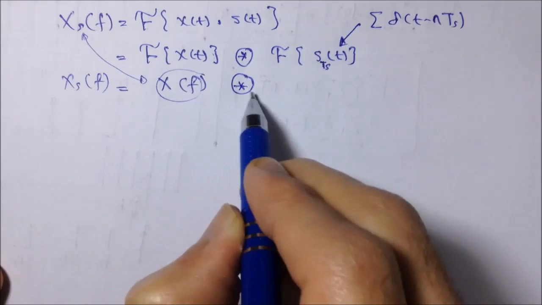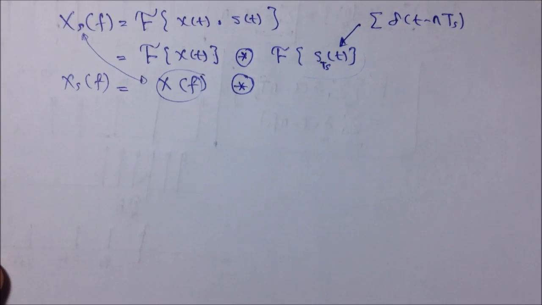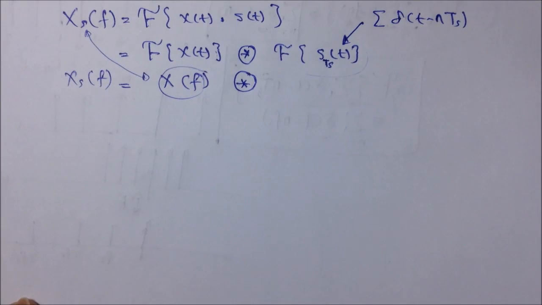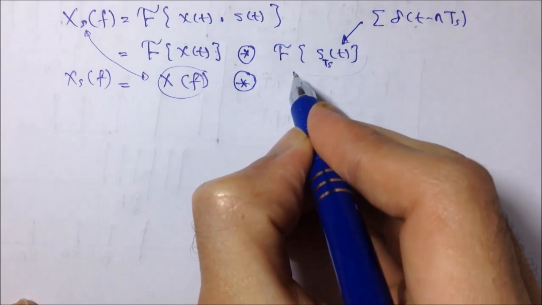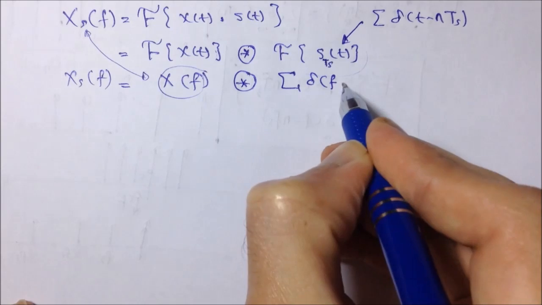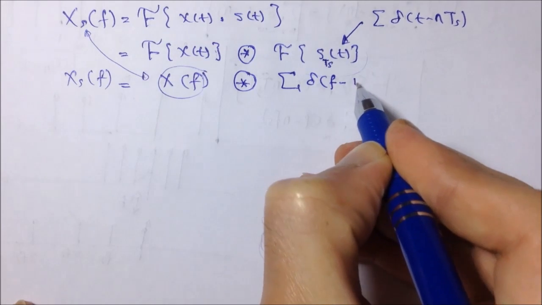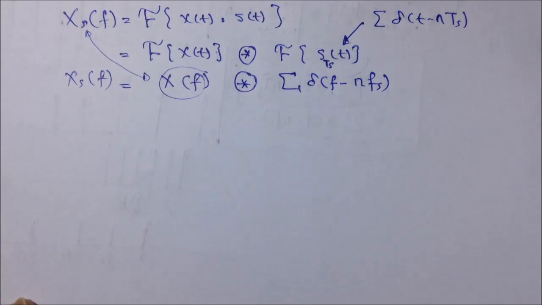So X of f convolved with the Fourier transform of s of t, which we have shown earlier is equal to the summation of delta of f minus nfs. There are a couple of ways to evaluate this convolution.